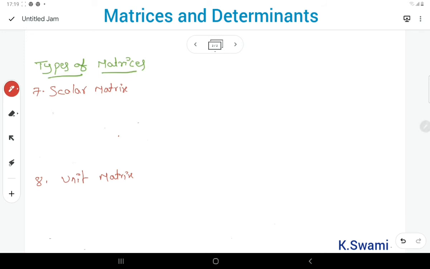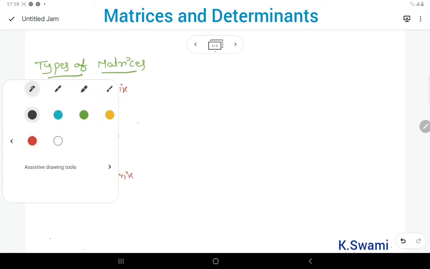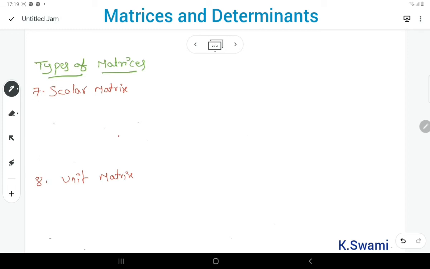Another one is scalar matrix. For example A is equal to 5 0 0 0 5 0 0 0 5. This is a square matrix, meaning number of rows is equal to number of columns.